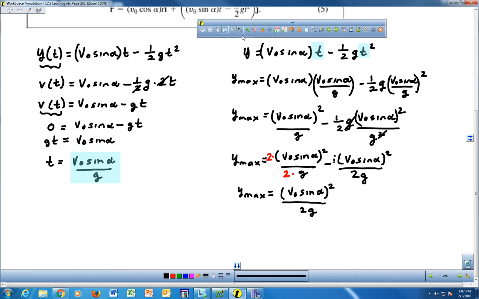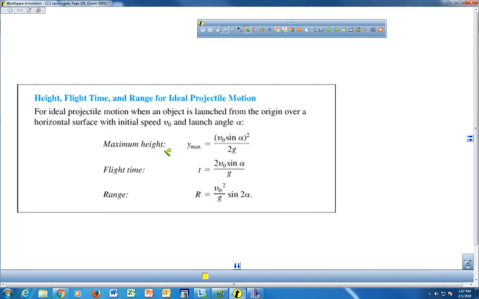And that is an additional formula for finding the maximum height that the projectile is going to reach, and this formula is always going to work.